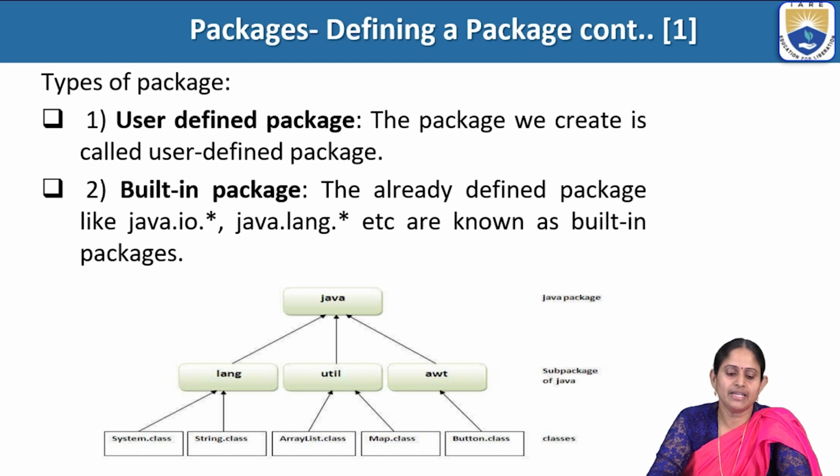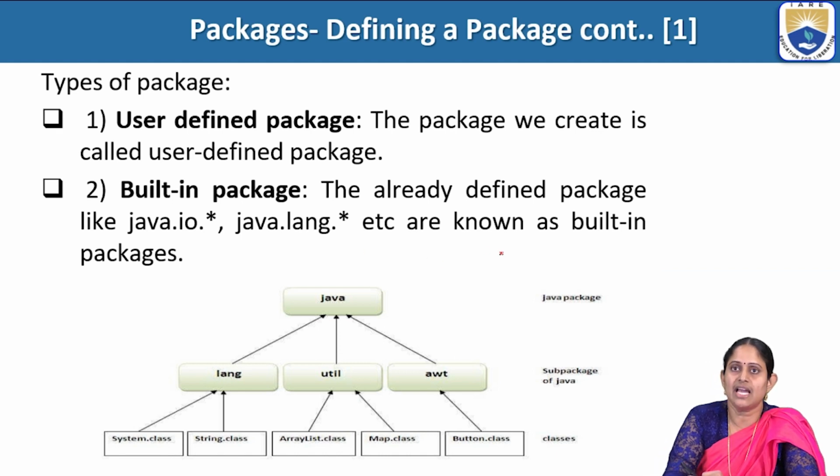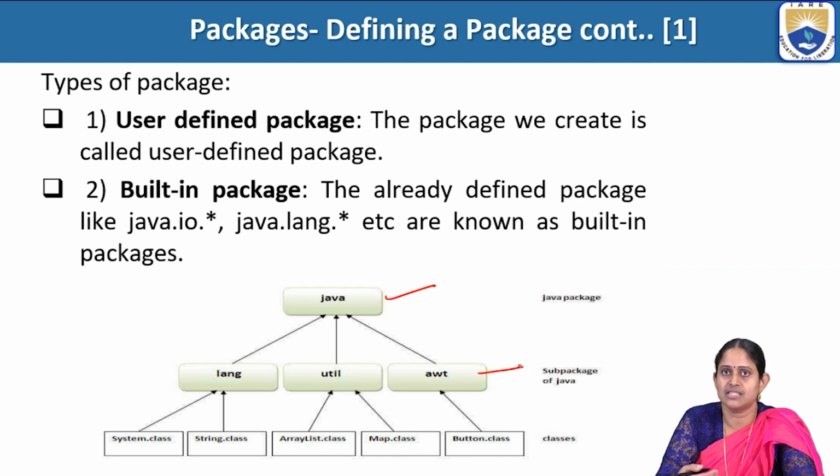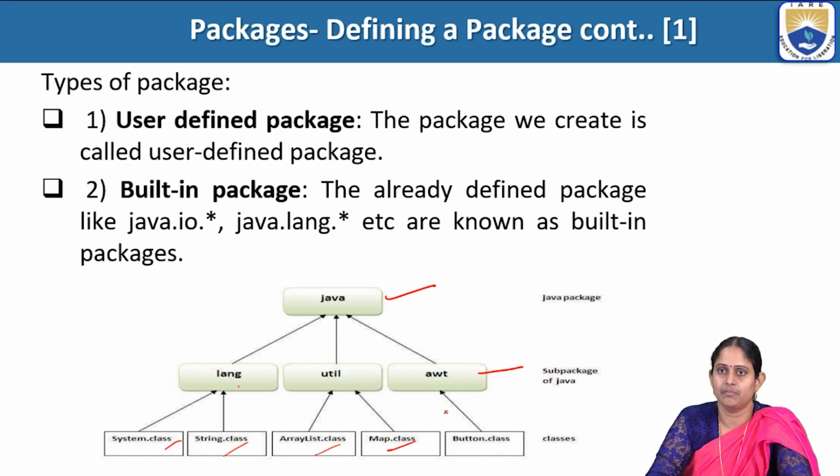Examples of built-in packages are the java.io package, the lang package, util package, AWT package, etc. If you check the package hierarchy, the java package is at the topmost level of the built-in packages. Then we have the various sub-packages already defined inside it, and these packages have different classes which can be used for our program design.